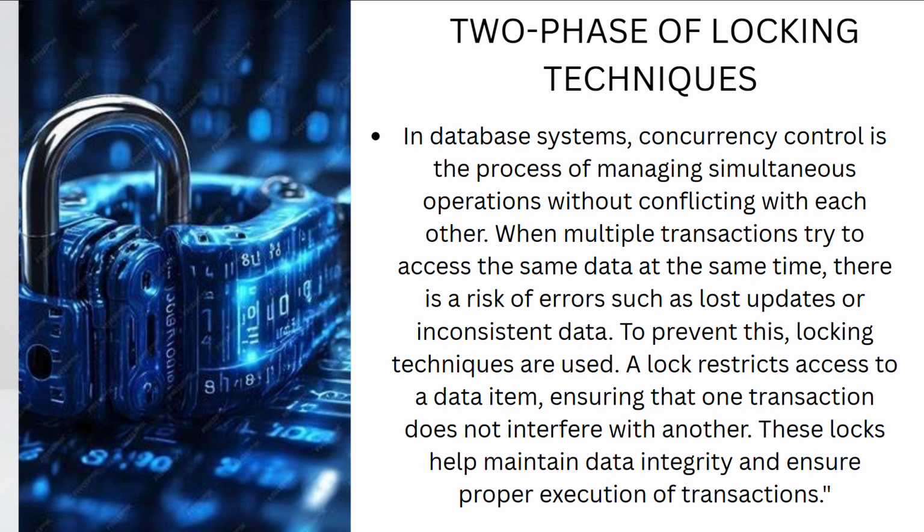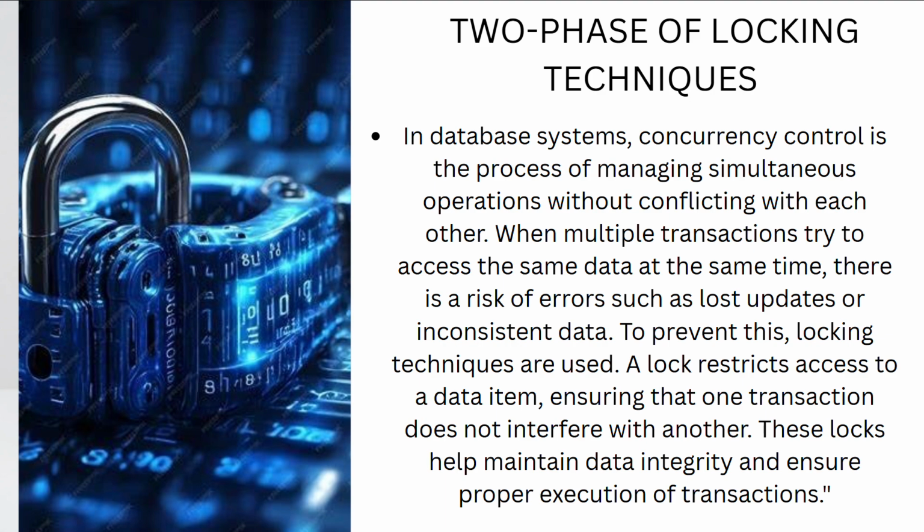So, in a simple way we can say that it is used to maintain integrity and to protect the data from being corrupted. So there are two types of locking. We will see both one by one.